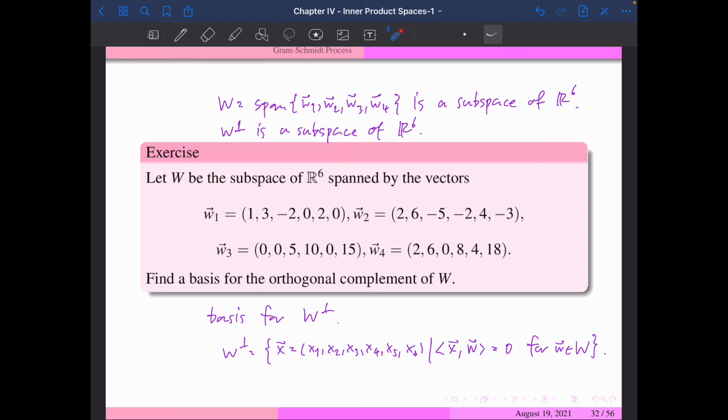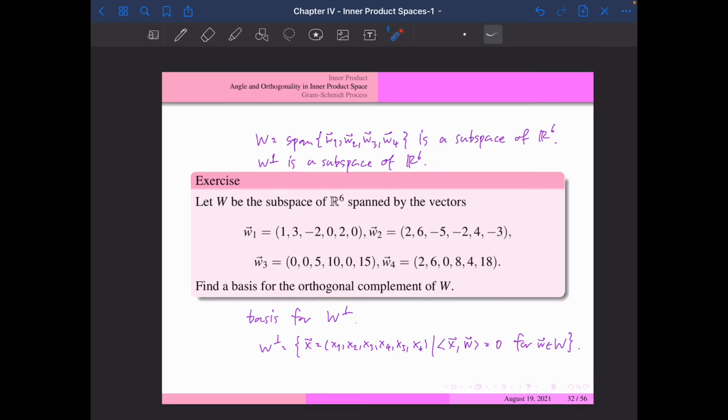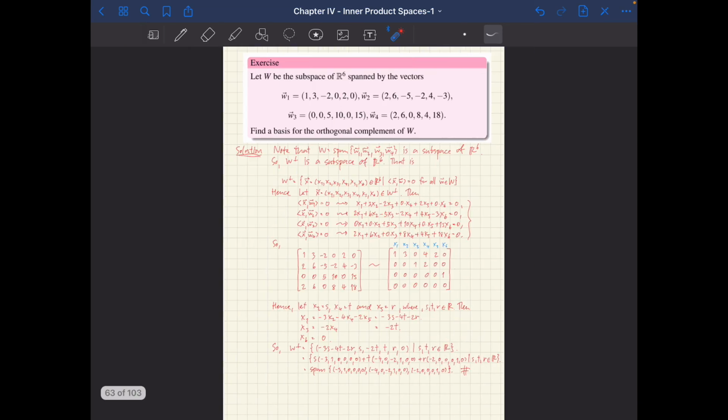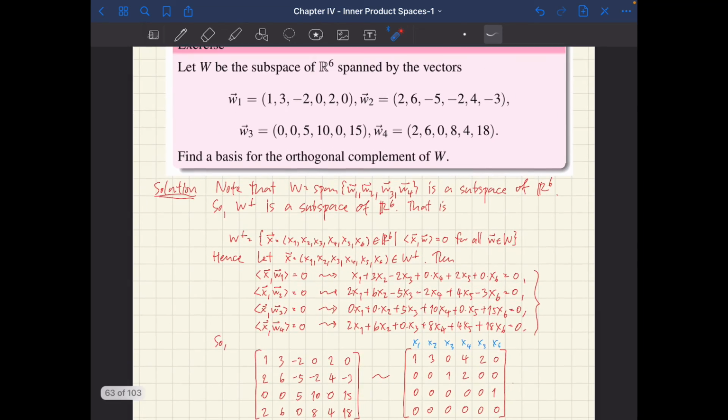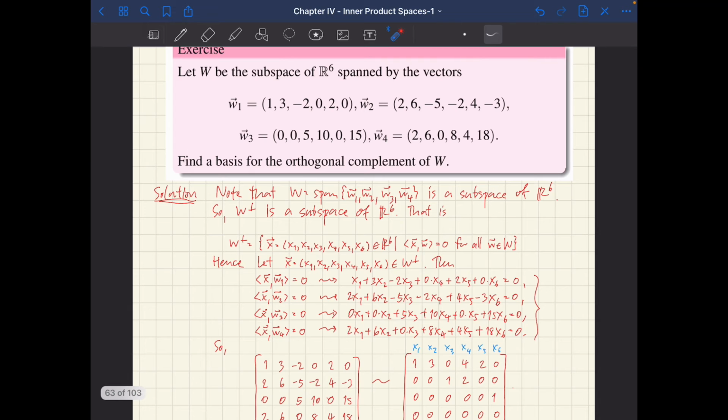So if we can find the relationship between x1, x2, x3, x4, x5, and x6, we can find the elements in W perp. This is our solution here. Because W is a subspace of R6, W perp is a subspace of R6.